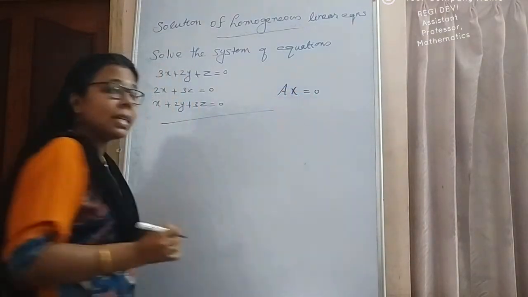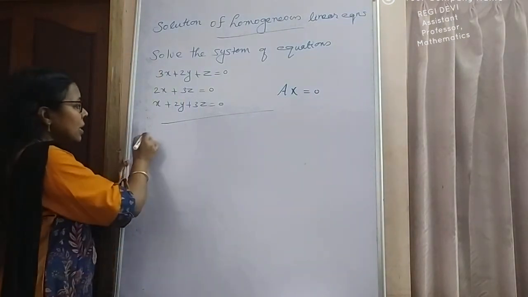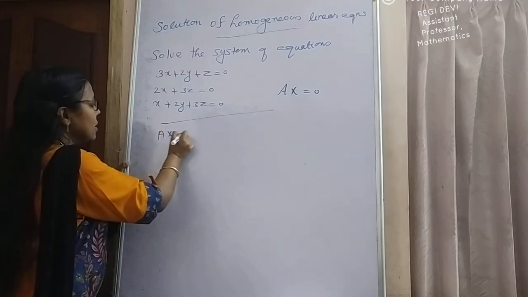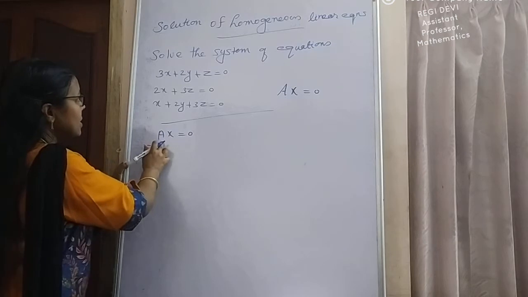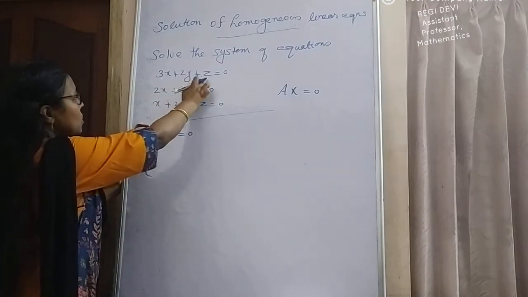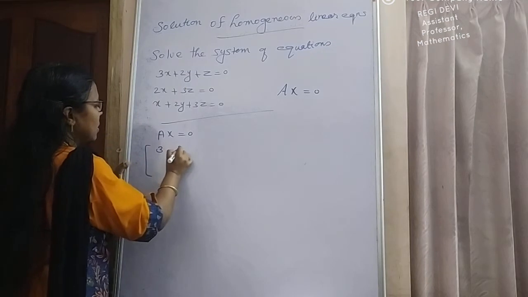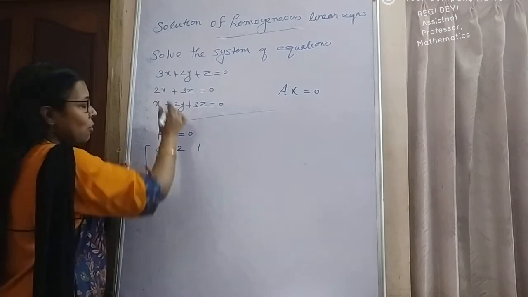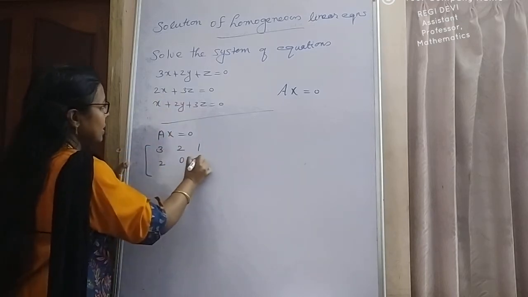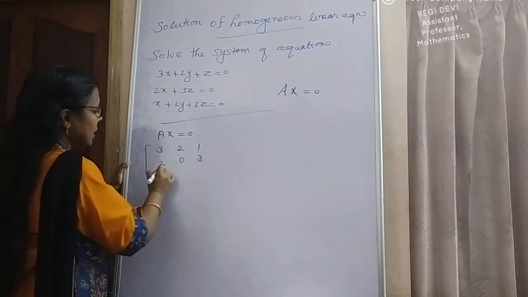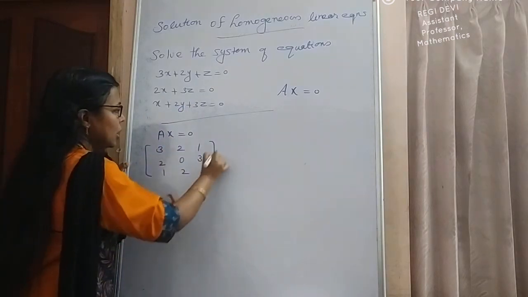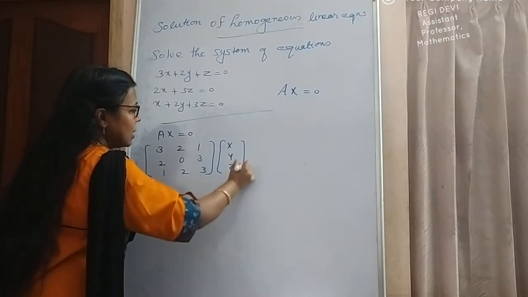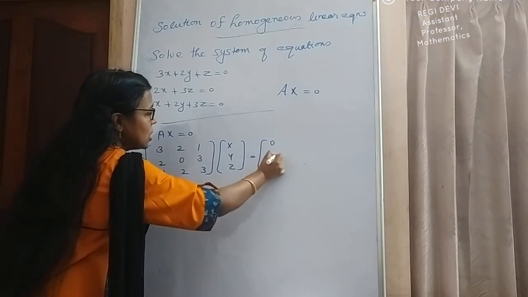Here matrix A is 3, 2, 1; 2, 0, 3, with no y, therefore 0 for y, and 3 for z; 1, 2, 3, multiplied by the matrix x, y, z equal to 0, 0, 0.